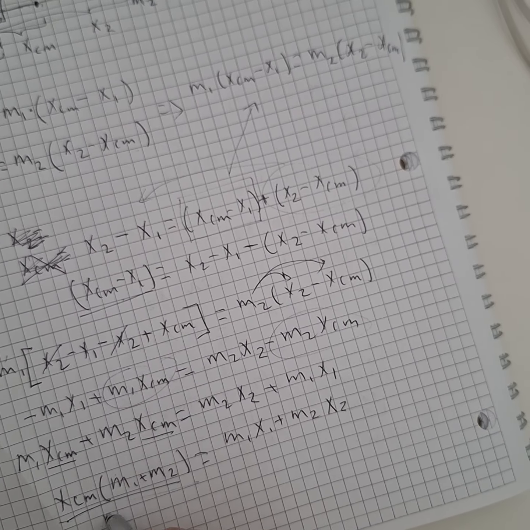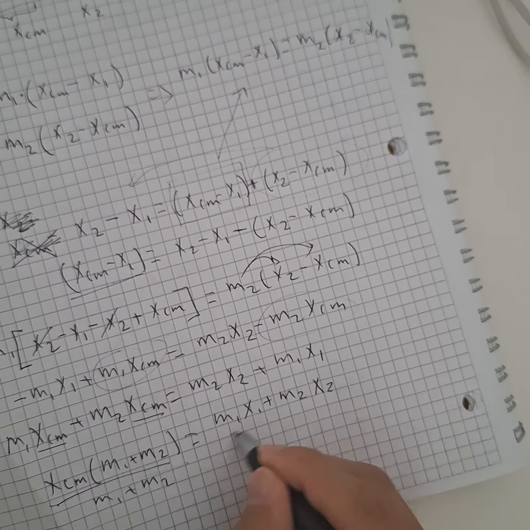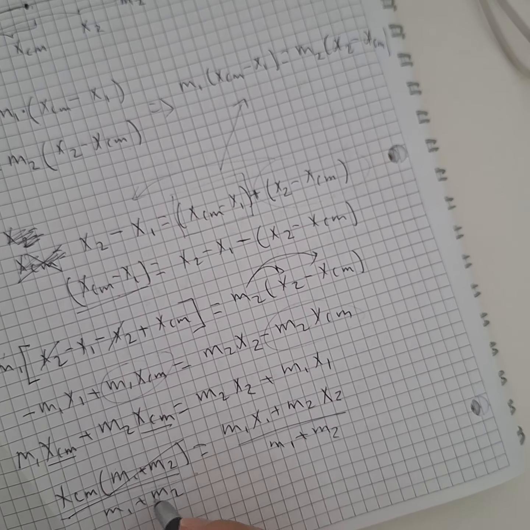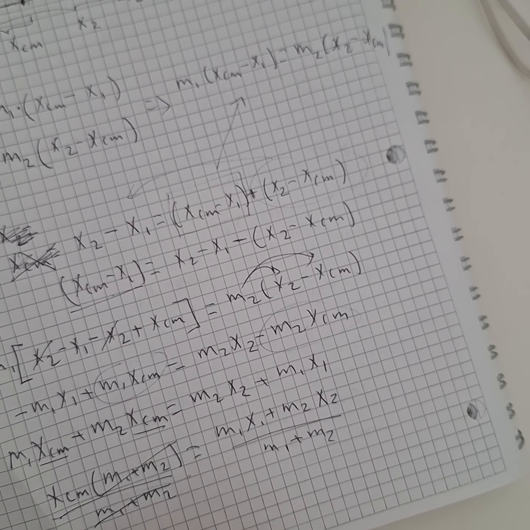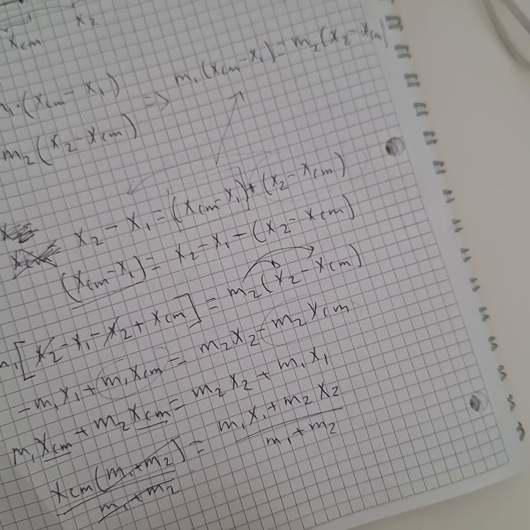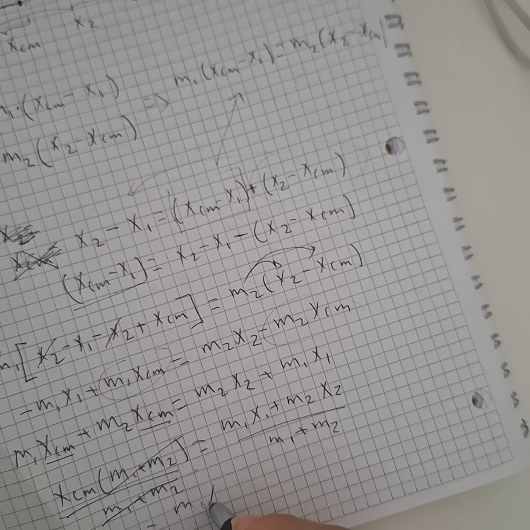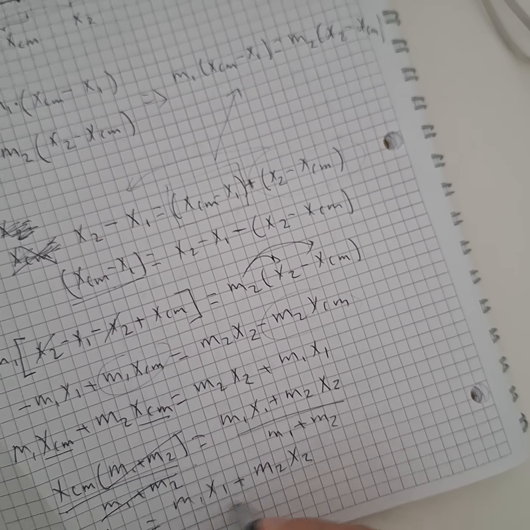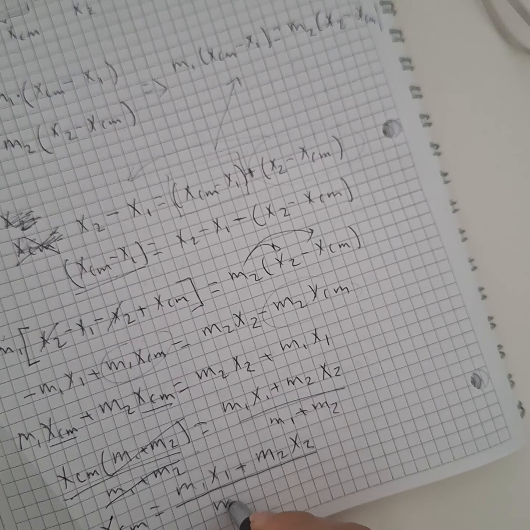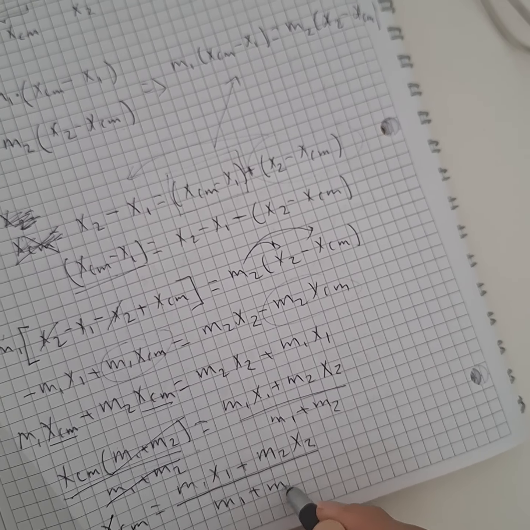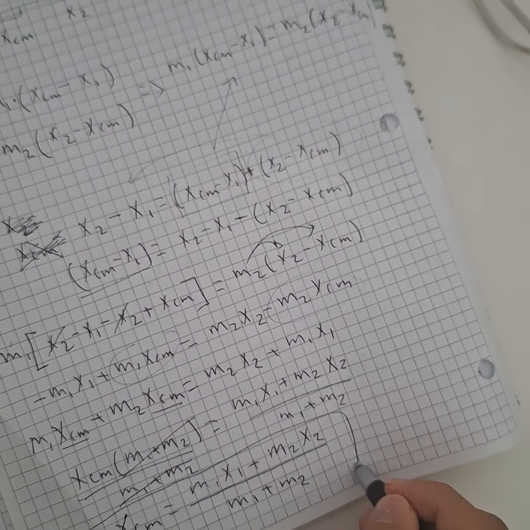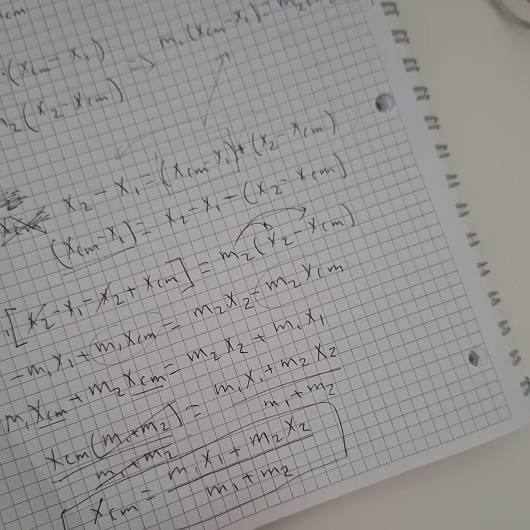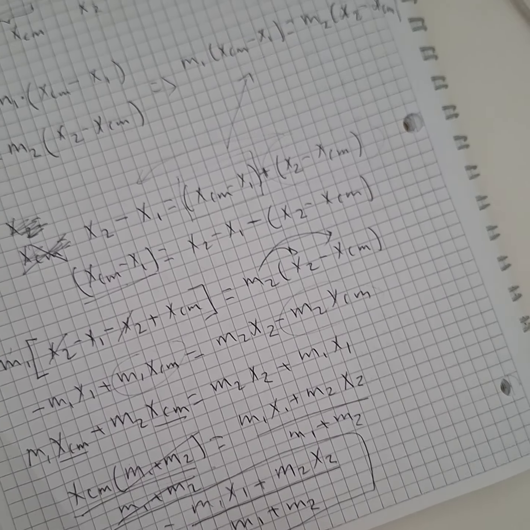Divide both sides by m1 plus m2. All of this cancels with all of that, giving us center of mass is equal to (m1 x1 plus m2 x2) all over (m1 plus m2). This is the formula that we derived for finding the center of mass of two objects.